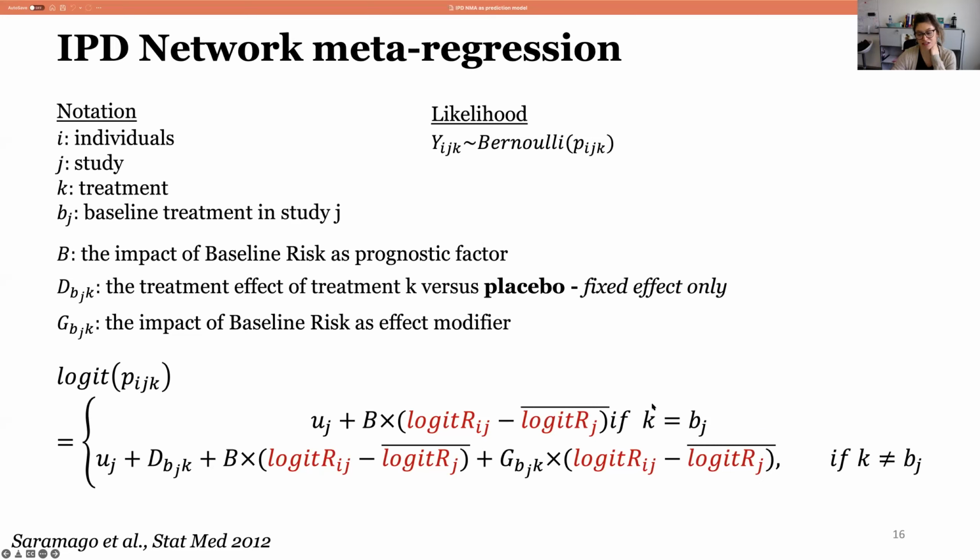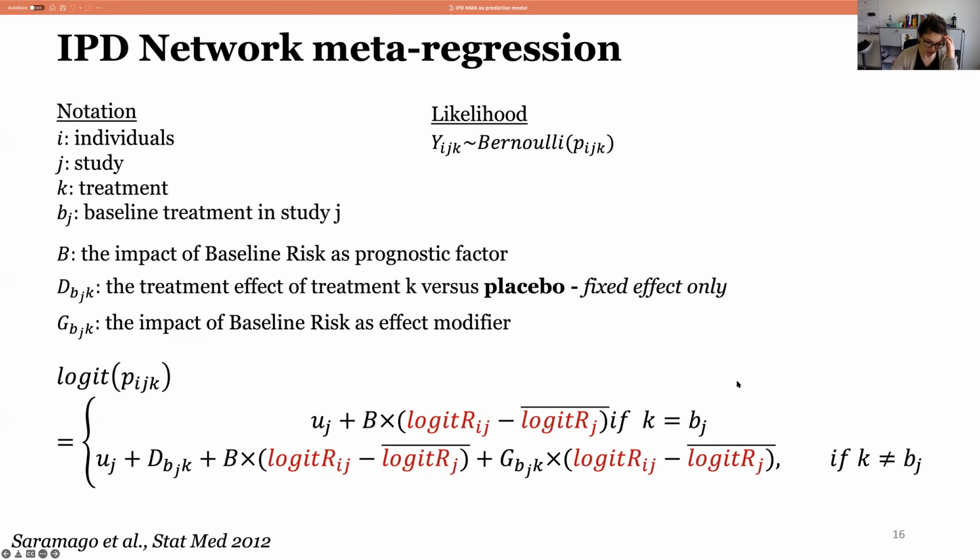This is for the baseline arm, and this is for the active arm. Of interest are the parameters d, which is the treatment effect for treatment k versus placebo.